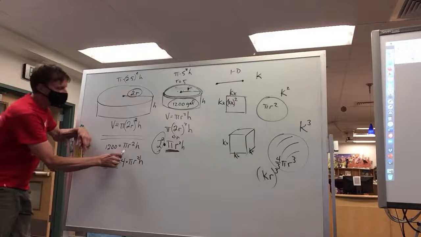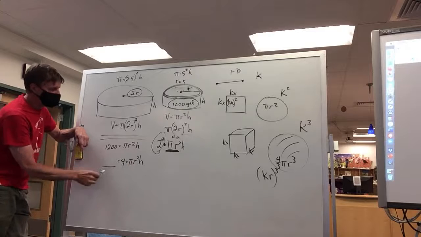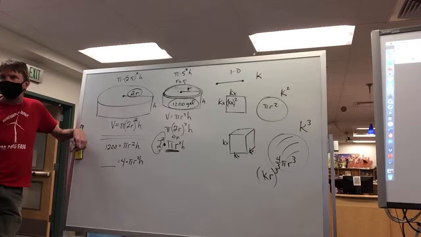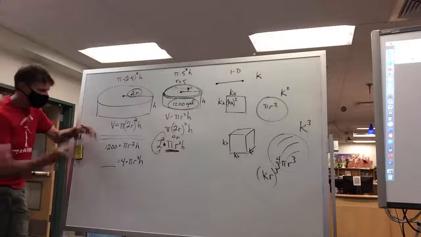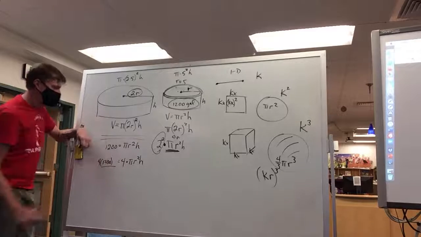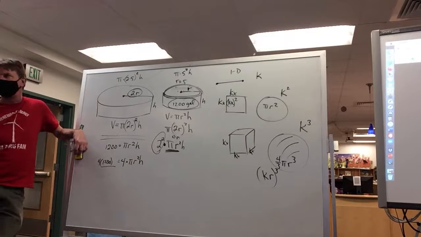So if pi r squared h is equal to 1200, 4 times pi r squared h has to be equal to 4 times as much. So I have to multiply both sides by 4. It's going to be equal to 4800.